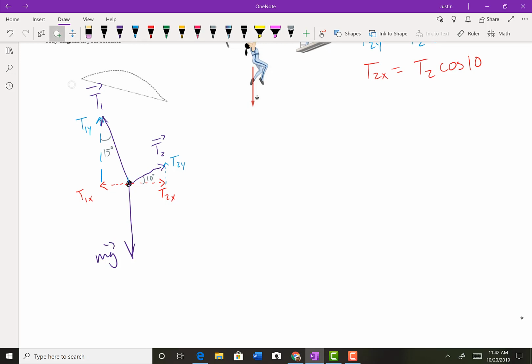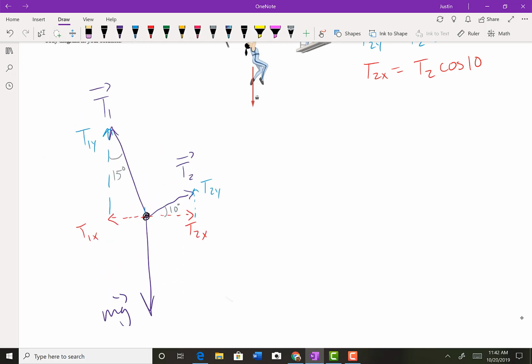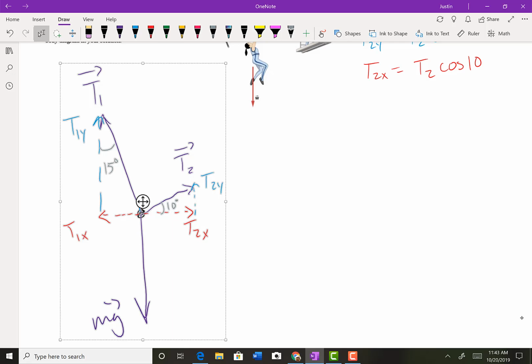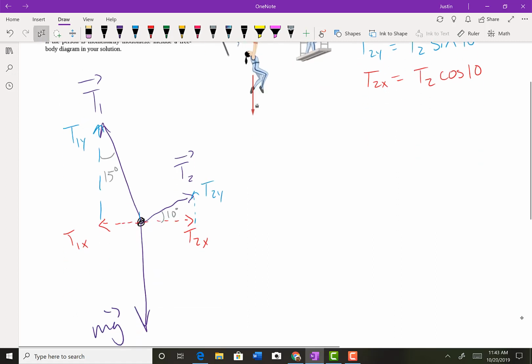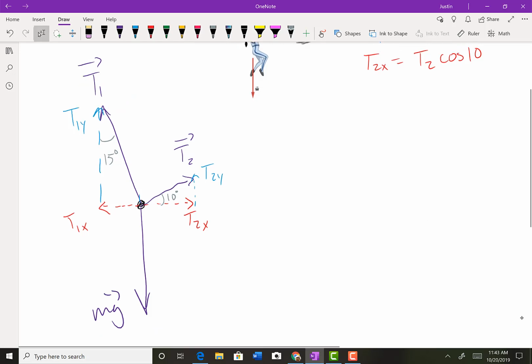This could probably be a little bit bigger, just so we got more to work with here. And so I basically used the diagram that they gave me here and converted it into my free body diagram. I'm going to use T1 instead of our usual FT just for simplicity's sake. So there's definitely mg going down. That's her weight right there, or the force of gravity.